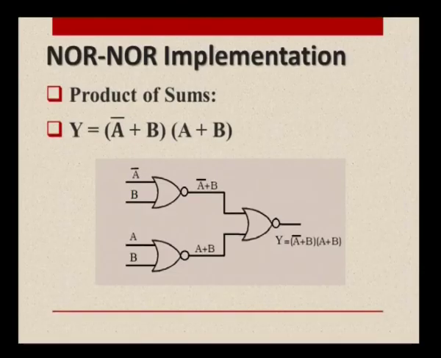Let us have a look at the circuit once again and look at the expressions also. See, the same expression, the same intermediate stages, and the final expression is also the same, but the gates are totally modified. This is a NOR gate, this is a NOR gate, this is a NOR gate. So, finally, we have NOR gates for implementing the given Boolean expression.